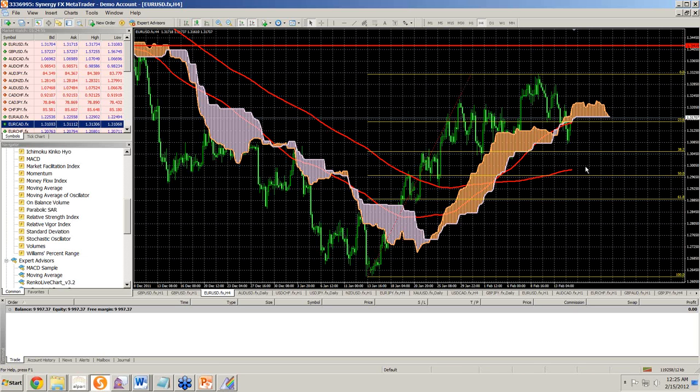You want to be aware of where these technical levels are so that you can possibly use them for entry, stop losses, or take profits, so that you can get in, out, or protect your trades as best as possible.